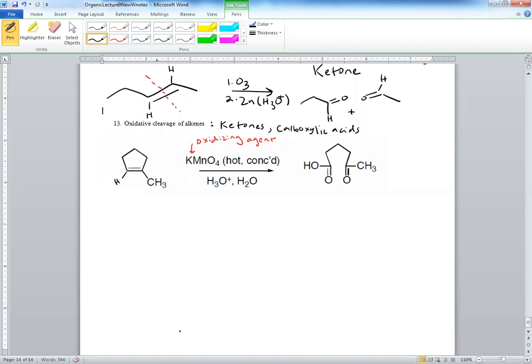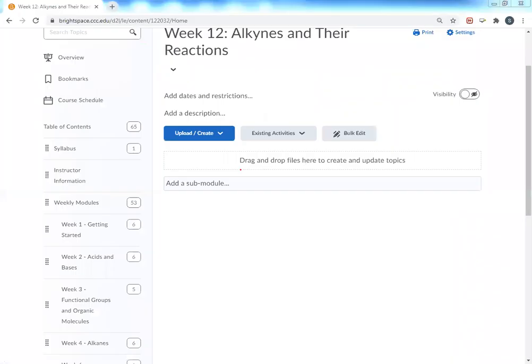So this is similar to the last one. You're going to cleave, cut this in half. You're going to form a carbonyl, but with one difference: this is such a powerful oxidizing agent that those H's are not going to remain as part of the aldehydes. They too will be oxidized.